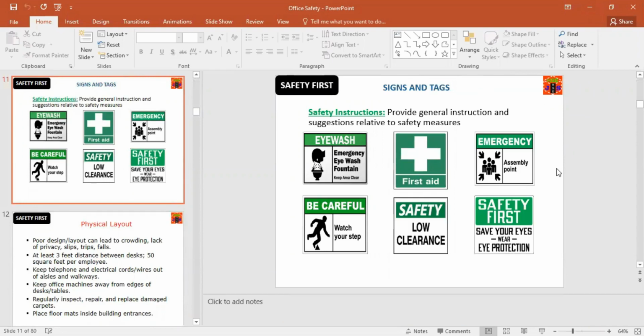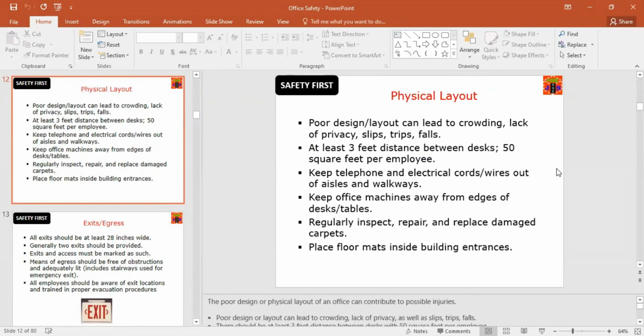Those must be complied with and followed at all times to avoid any emergency situation, potential incident, accident, or near miss. Physical layout of the office is a hazard. Poor design layout can lead to crowding, lack of privacy, slips, trips, and falls.